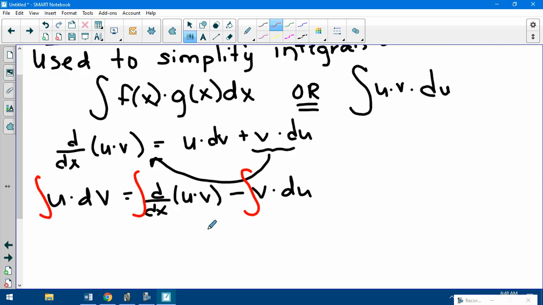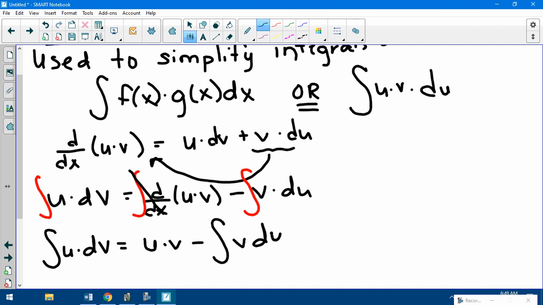So what this tells me is that the integral of u dv is equal to, what happens when I take the integral of a derivative? Those just cancel out. So it's u times v minus the integral of v du. And that is called integration by parts.